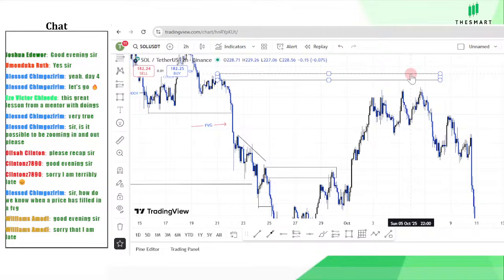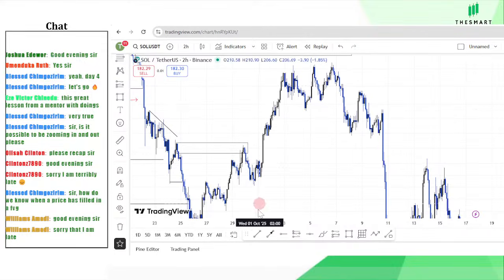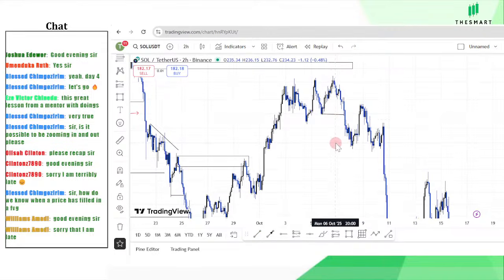So let's assume we've missed this particular setup. Let's look at what possibly could have been done in this case. In this case, this is our change of character here. This is what we have as our change of character. And this is our order block.